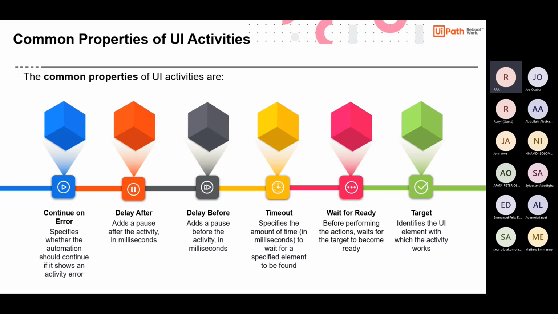And then we have the delay after, which adds a pause after the activity in milliseconds. I think we used that yesterday, if I'm not mistaken. We have the delay before. It works like delay after, but this time around it is executed before the activity.